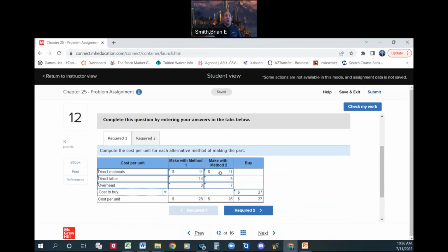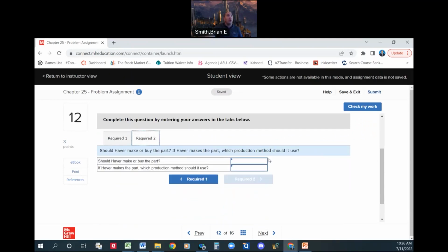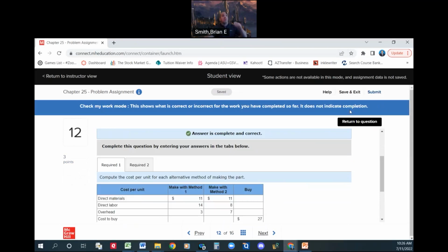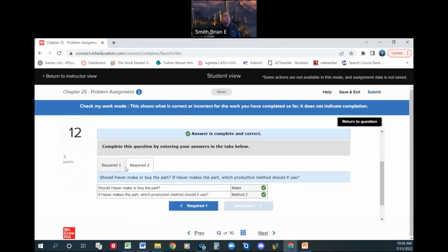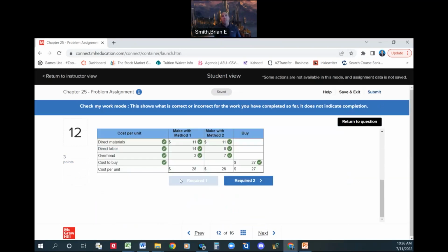Okay, it looks like we're going to go with method two. Should Haver make or buy the part? We should make it, and method two. It's very simple. Method two is the cheaper of the three options, so we want to do that one. That's why I picked it.